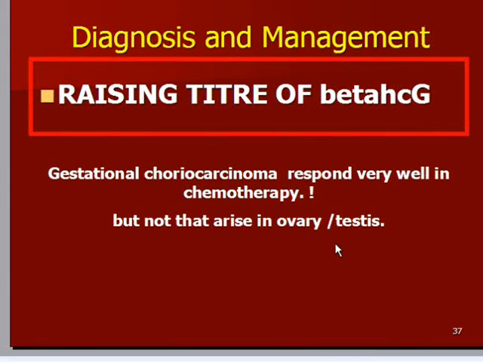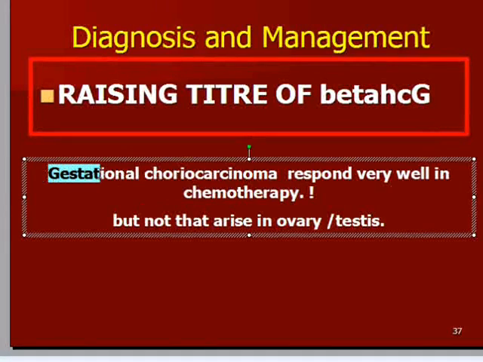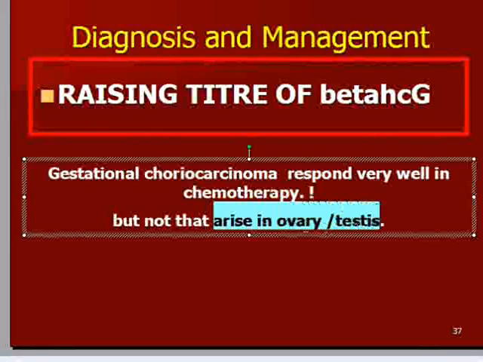Now despite this tumor being very aggressive and hemorrhagic, note the word, this tumor responds extremely well to chemotherapy. But here there is a small catch. What is the catch? Chemotherapy is effective only in those tumors arising from the trophoblast. It means it is the gestational choriocarcinoma that responds well to chemotherapy, but not those arising from the testis and ovary.